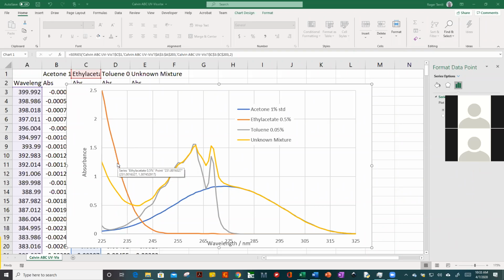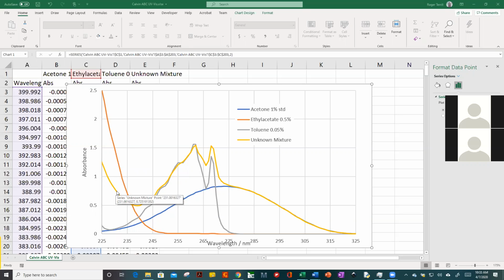So if there's some contribution to the unknown mixture absorbance at this wavelength from acetone and toluene, and it's not all from ethyl acetate, right?